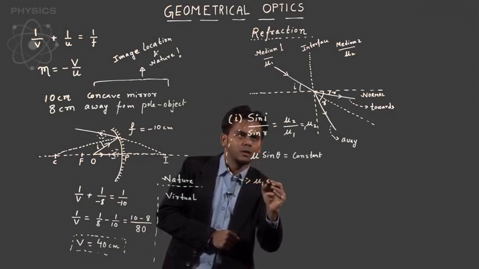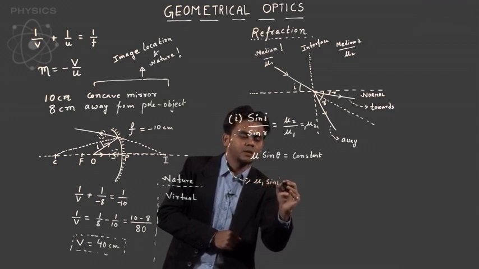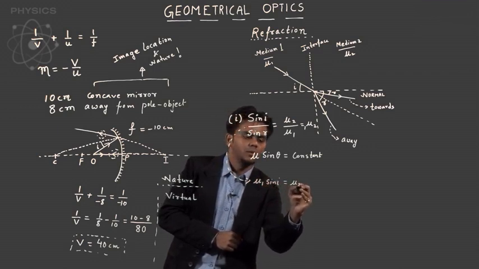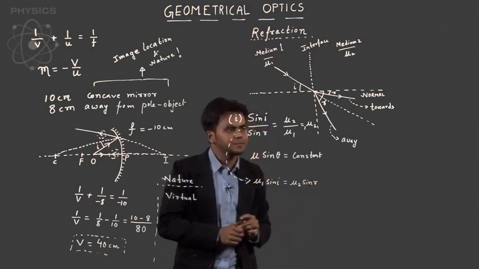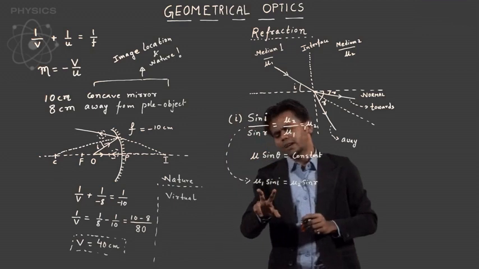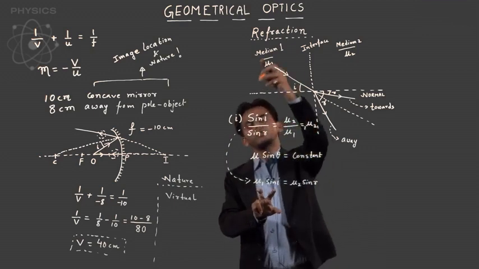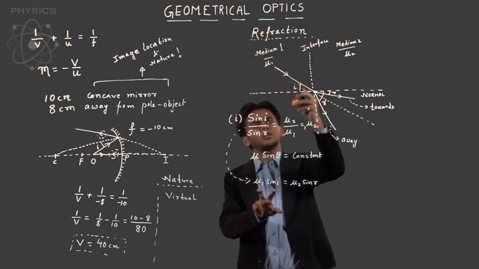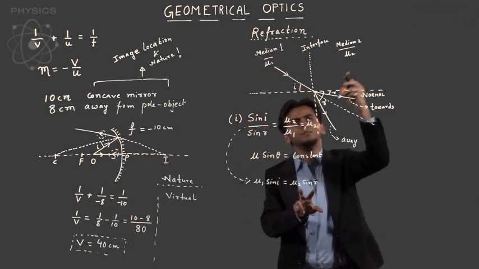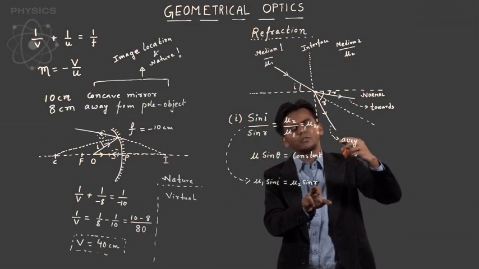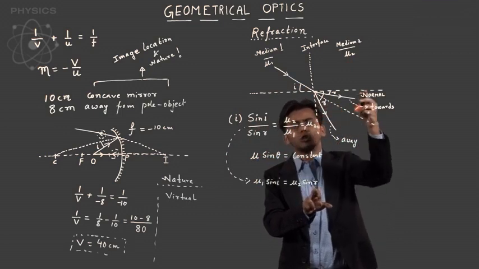Mu 1 into sin I is equal to mu 2 into sin r, which means the mu value here and the angle of this ray with the normal in this medium, and similarly the mu value in this medium and the angle of the ray in this medium with the normal.